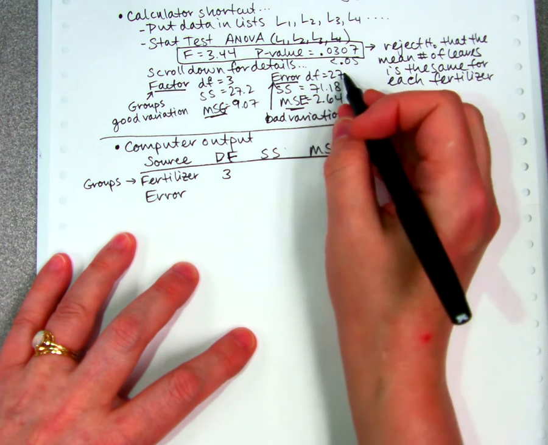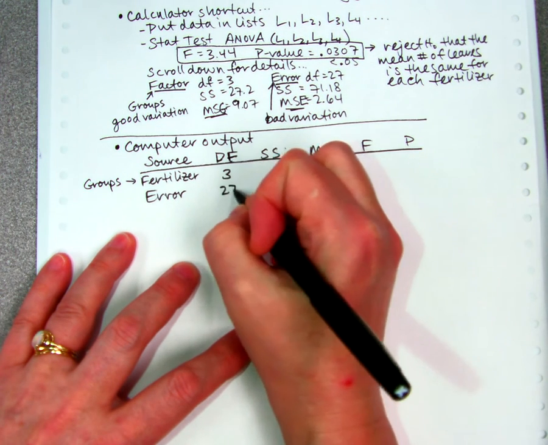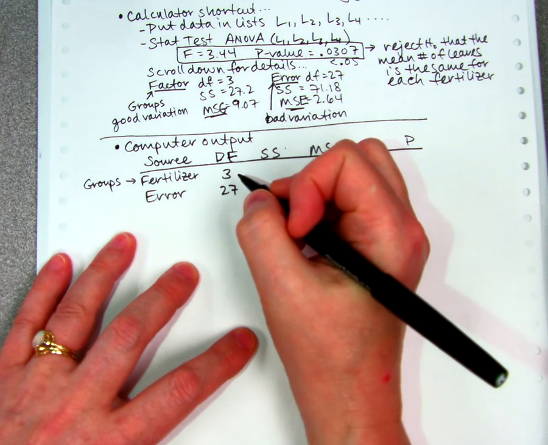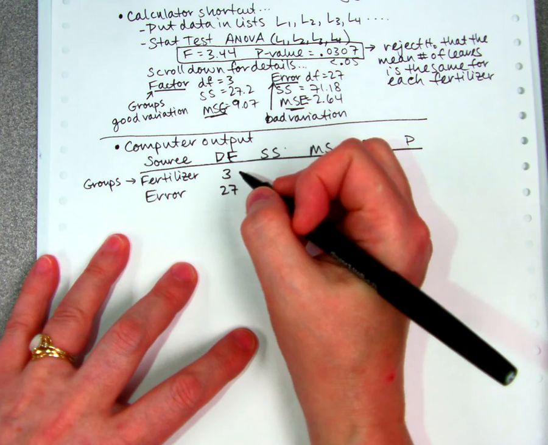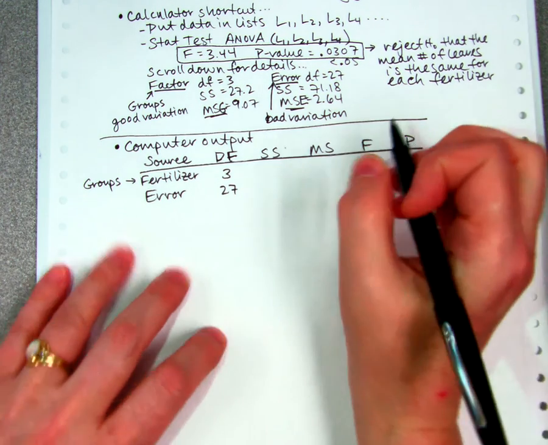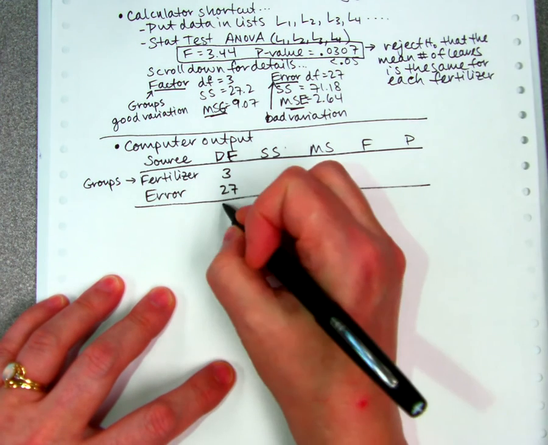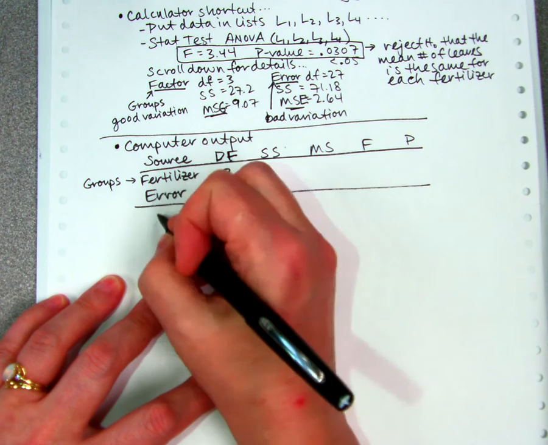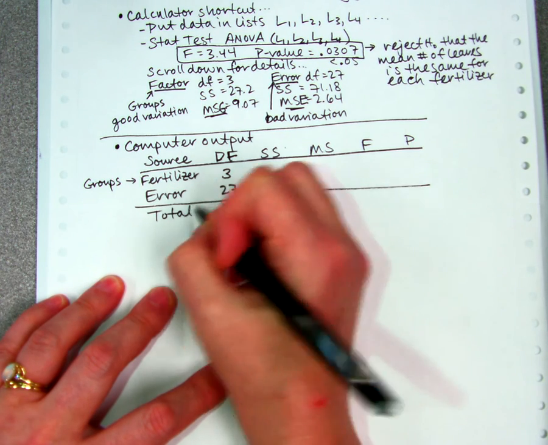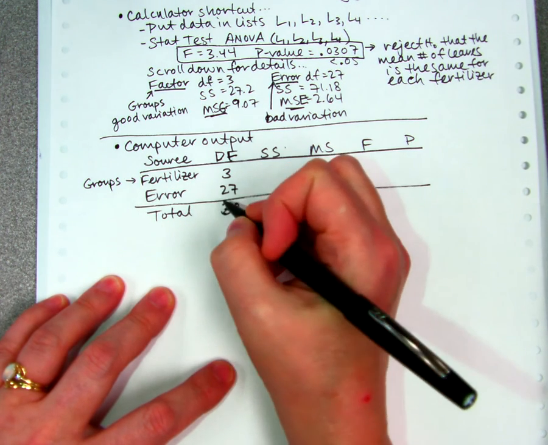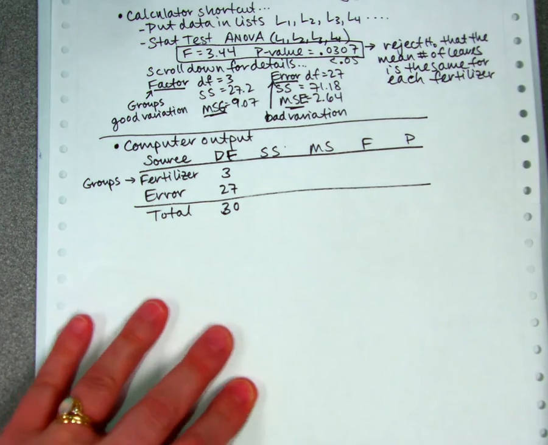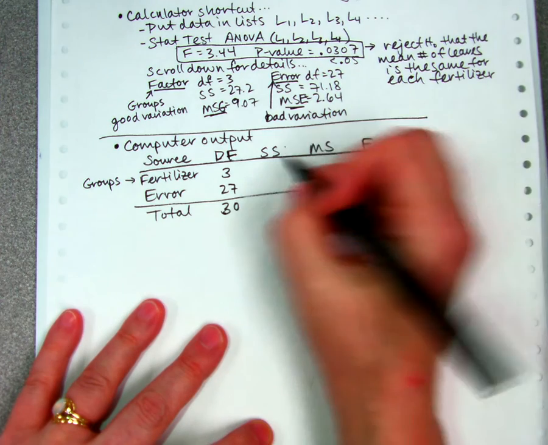DF for the errors is 27, which is the 31 total sample size minus the 4. The computer usually adds those together, and you don't need to worry about the total. The total is not important for this class, except for one thing that I'll show you in chapter 14. But yeah, they add them together.